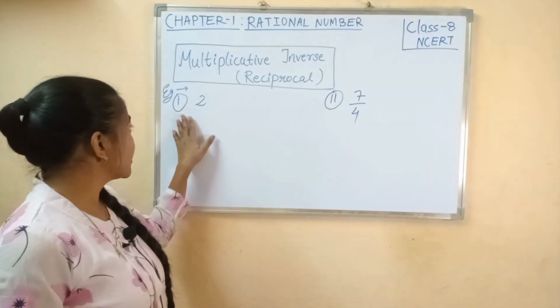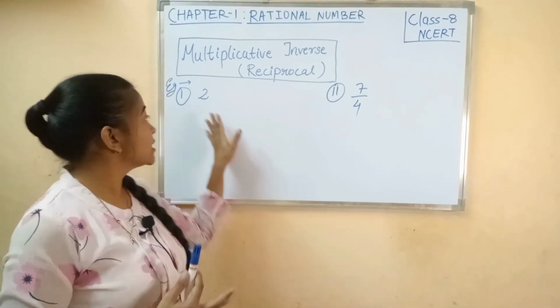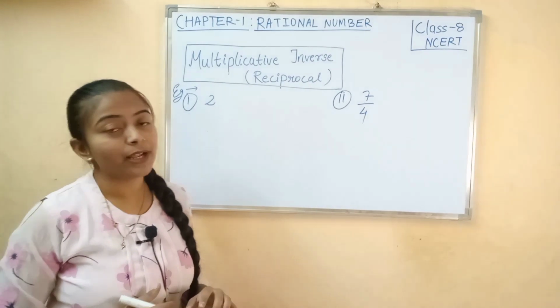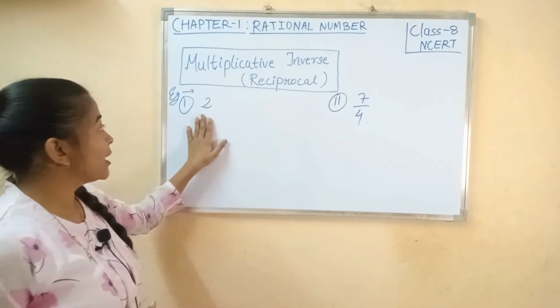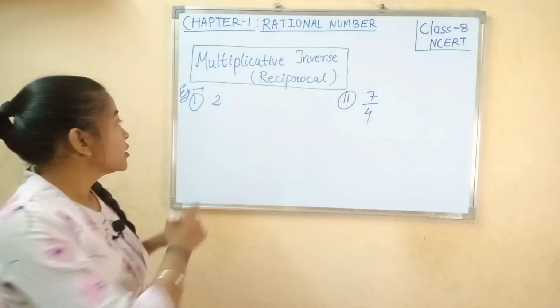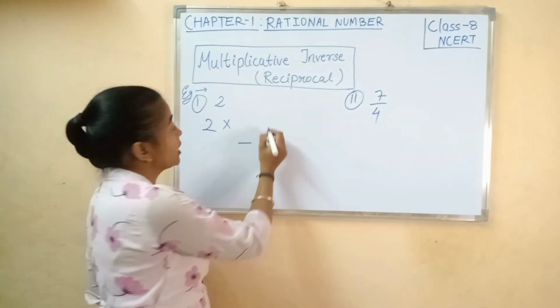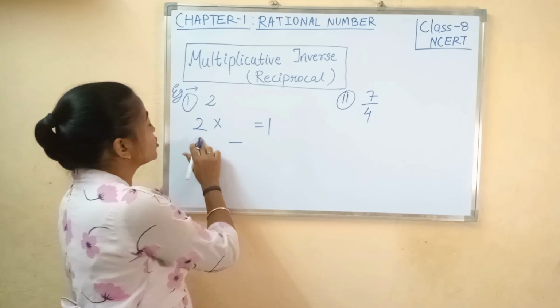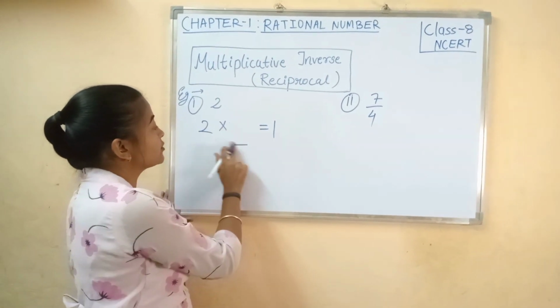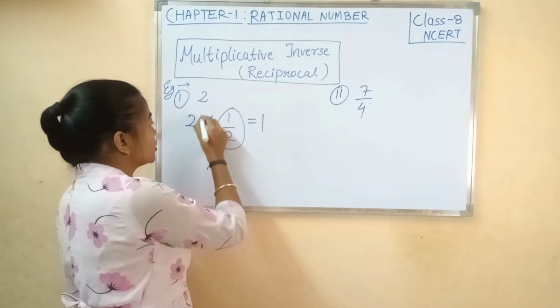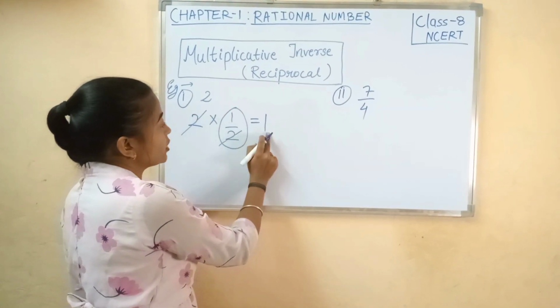So our first example is 2. What is the reciprocal of this 2? As we have seen, the multiplicative inverse is what should be multiplied by 2 so that we get 1. Let's multiply by 1 by 2. So this 2 will cancel out with 2, and 1 will remain.